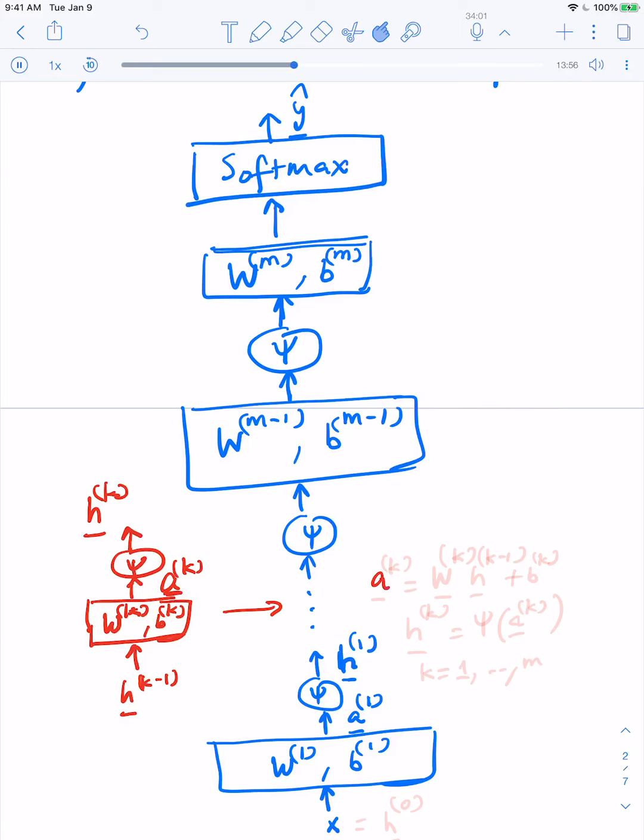I have AK is WK HK minus 1 plus BK, and HK is the term-by-term application of the nonlinearities to these AKs, and this picture holds for K going from 1 through M, as long as you are willing to define the input as the output of a sort of zeroth hidden layer, right? So that's the overall picture.